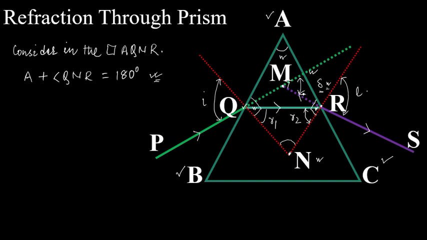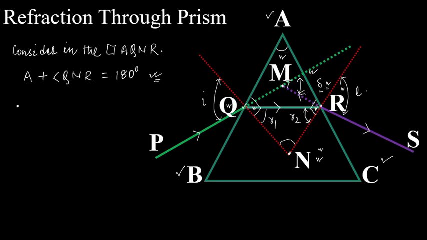Again, we consider angle R1 plus R2 plus angle QNR equal to 180 degree in the triangle QNR.